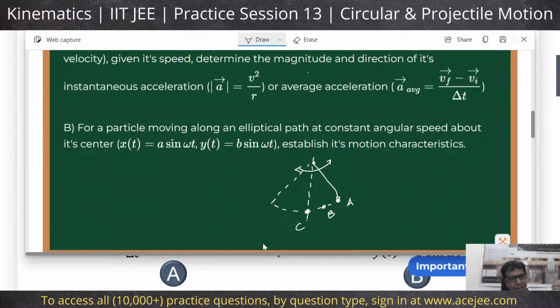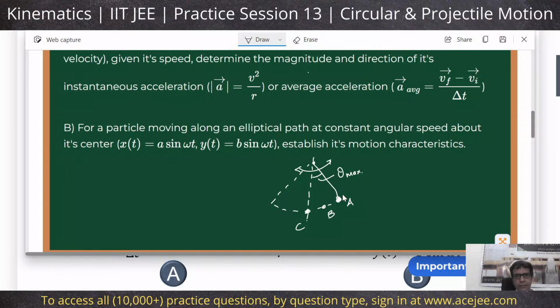Direction of acceleration at point A when it has reached its maximum. This is theta maximum. What is the direction of the acceleration at point A, for the bob at the end of the string?